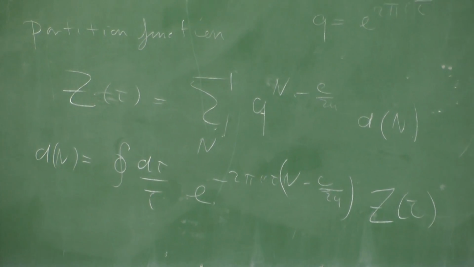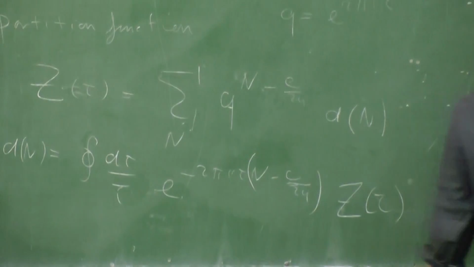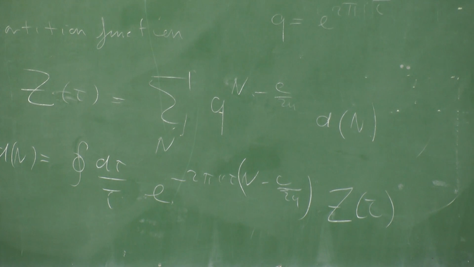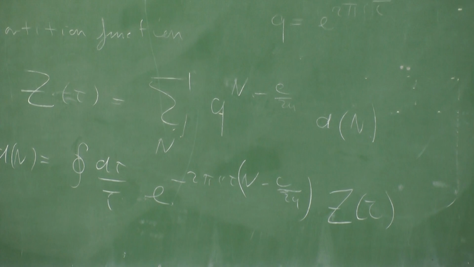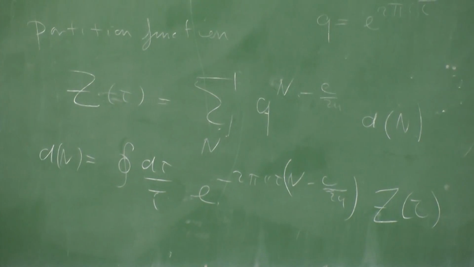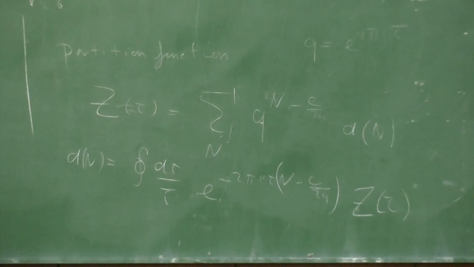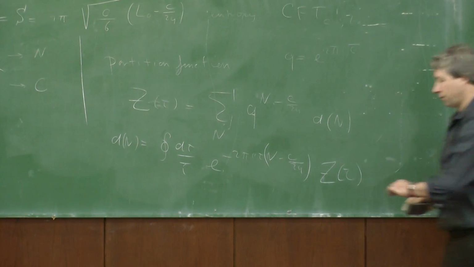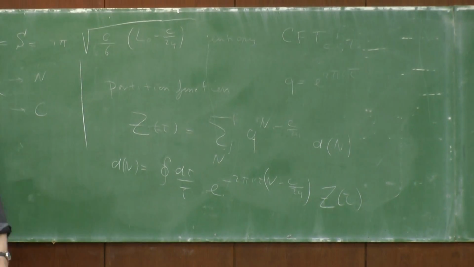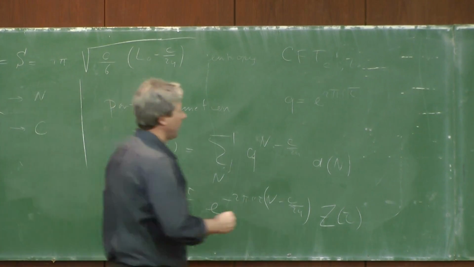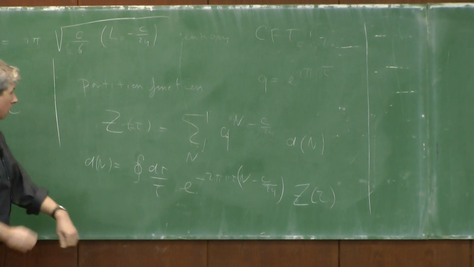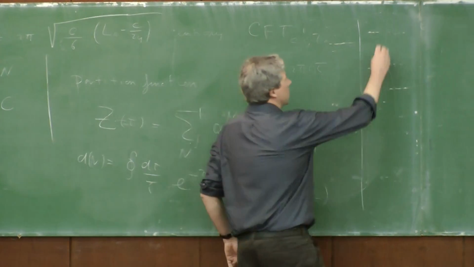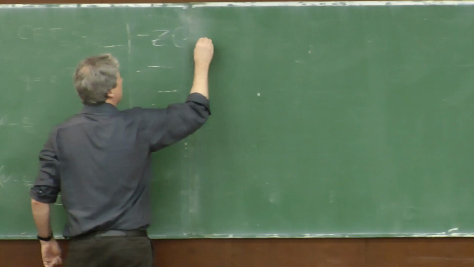Now the way you can derive Cardy's formula is by making use of the fact that this partition function is modular invariant, which means that Z of minus 1 over tau is equal to Z of tau.